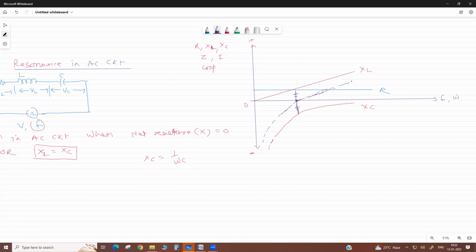So it is X, which means XL minus XC. Initially this is capacitive. Then at some particular frequency, it becomes 0.